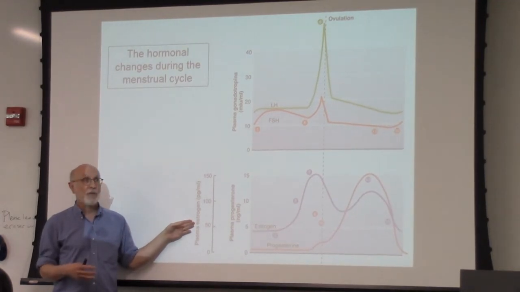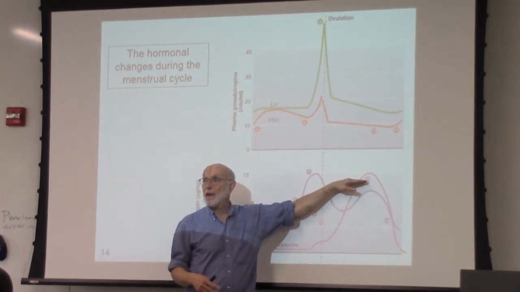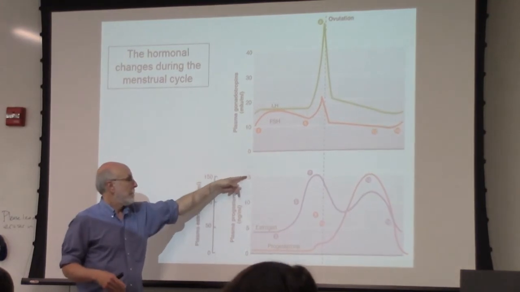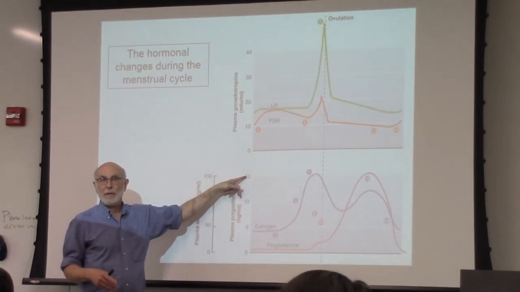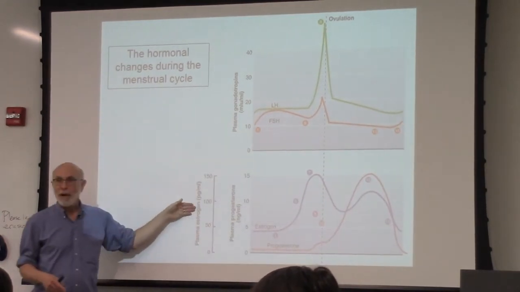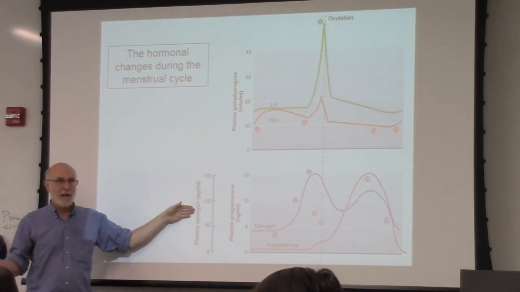Progesterone levels are not equivalent, they're 1,000 times higher. We're talking about 15 nanograms per mil versus 15 picograms per mil. Remember, there are 1,000 picograms in a nanogram.